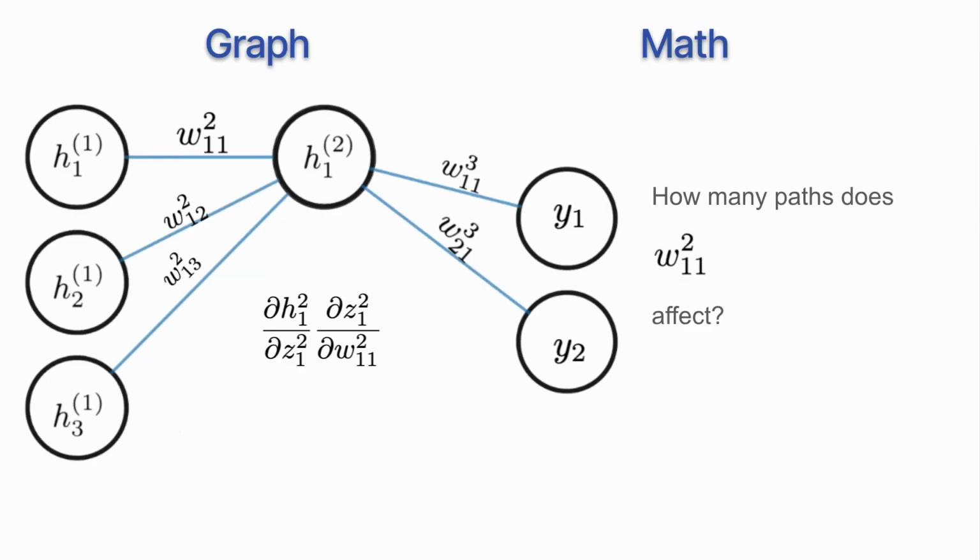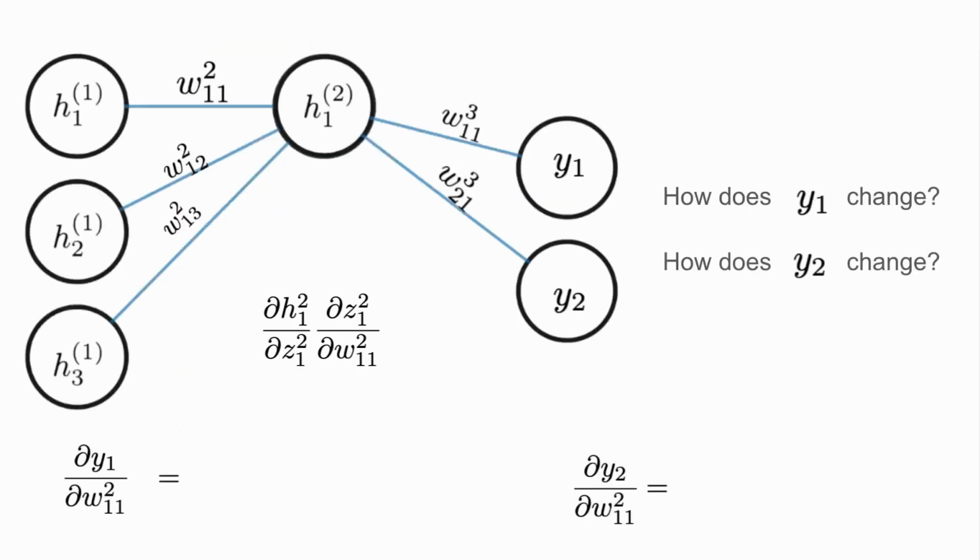So in this instance, since it affects multiple paths, how would you write out these derivatives? These are two derivatives we're interested in. It affects both of them.